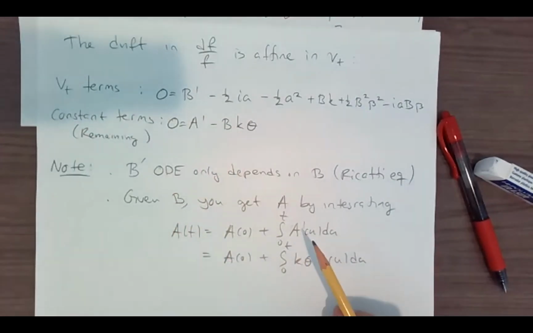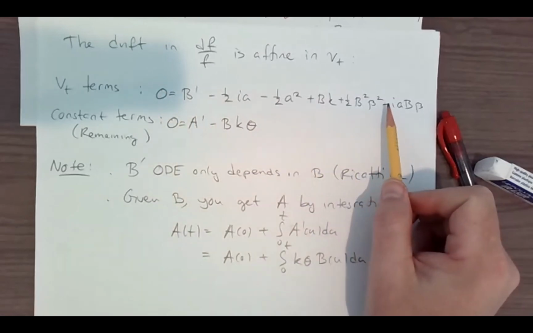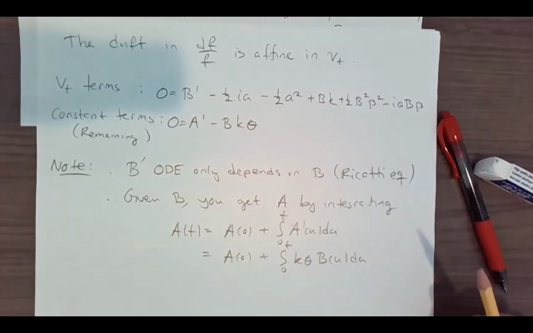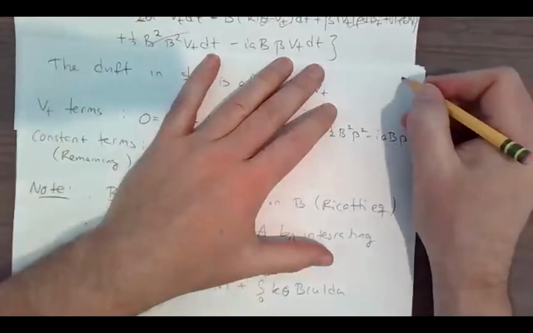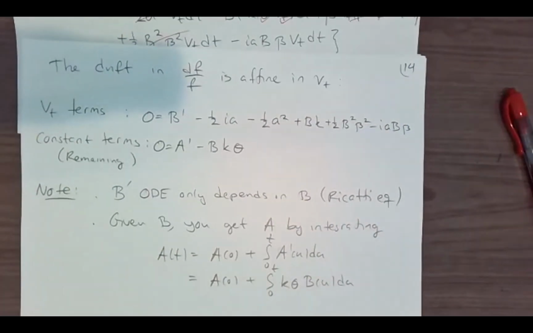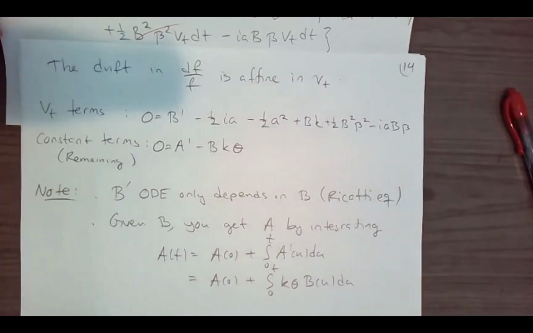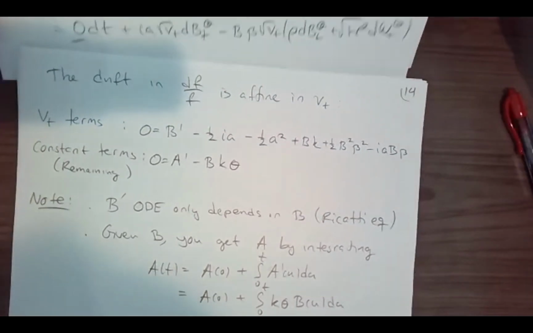Right, so as soon as you know what B is, you can get A by integrating. So all you're stuck with is this long ODE for B. So can you solve this long ODE for B? If you can, you have everything in closed form.